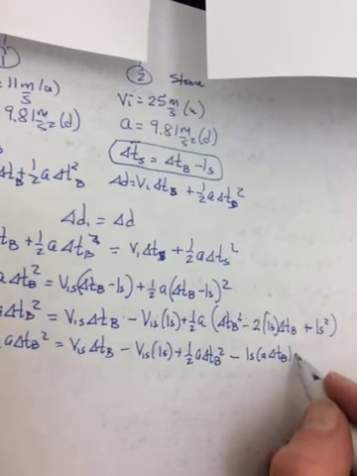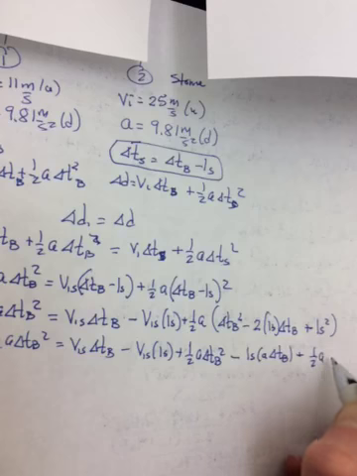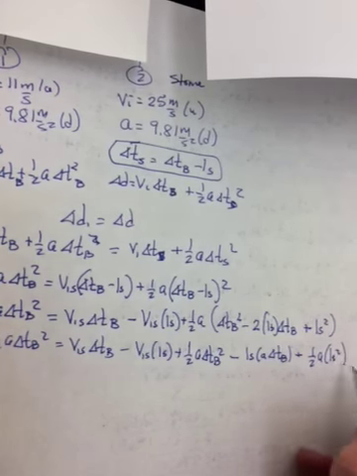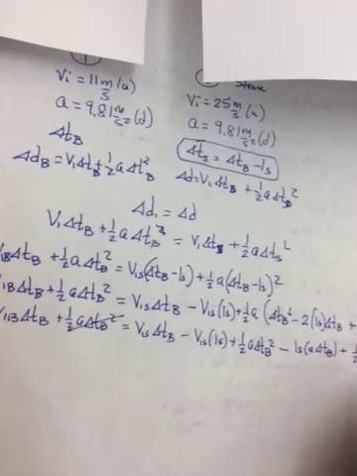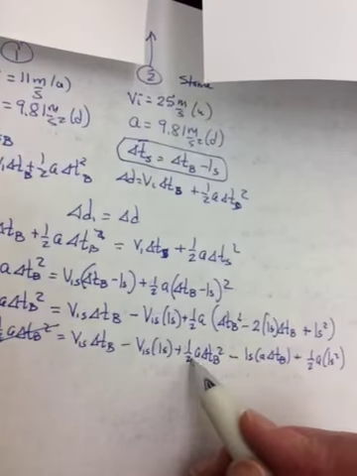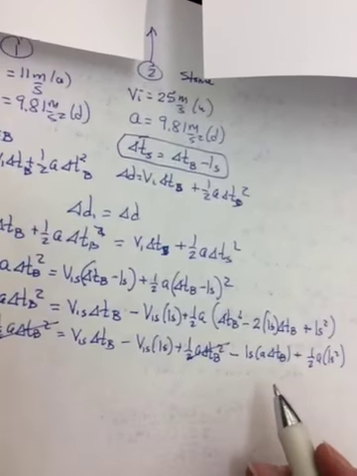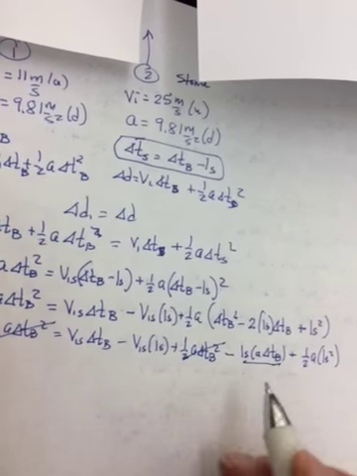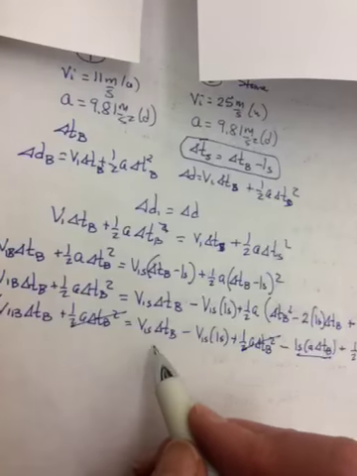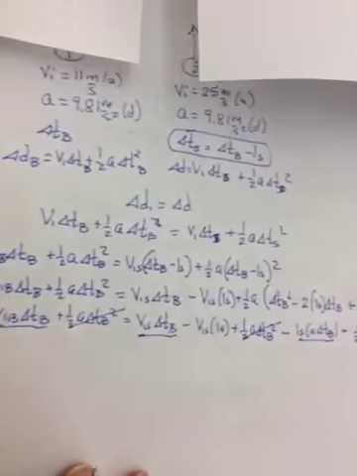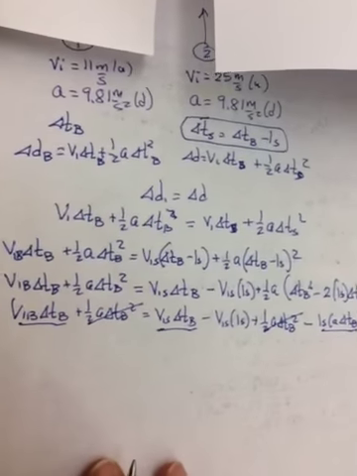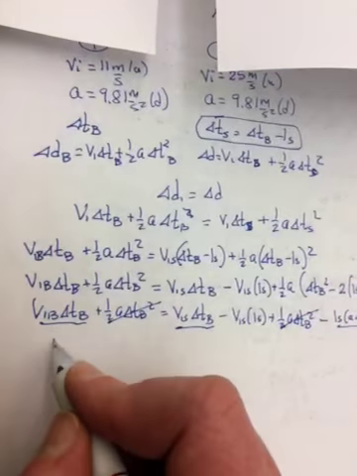And then multiply again, so 1/2 a times 1 second squared. Now, we got a 1/2 a times delta t of the ball squared on both sides. Those disappear. Here's a term with a delta t of the ball, here's a term with delta t of the ball, here's a term with delta t of the ball. There's no t squared term left, so it's not going to be a quadratic.